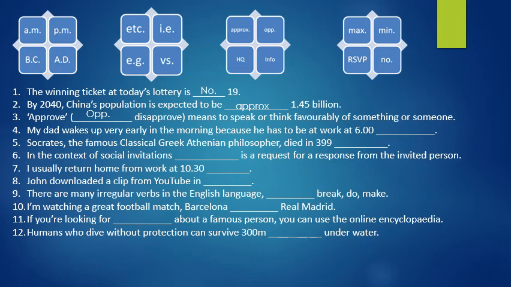Good. My dad wakes up very early in the morning because he has to be at work 6 p.m. or a.m. Well, p.m. is after 12 in the day, so that means it's night time. So I think it is 6 a.m. Good. The famous classic Greek philosopher died in 399 BC.